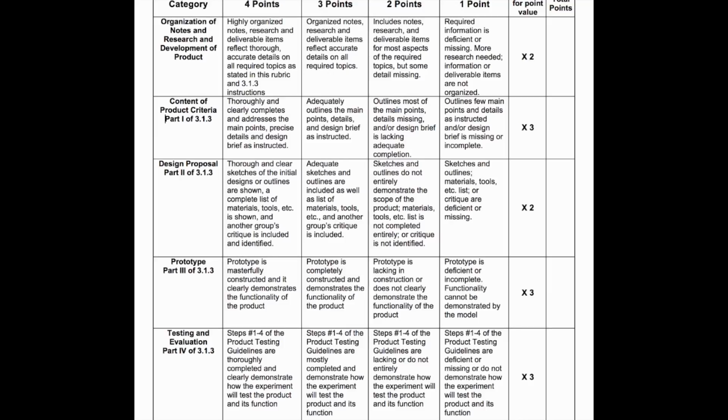This addresses specifically you hitting the main points that are within that section. So there's a bulleted list in step 4, for example, where you have to, in written form, identify the function, form, safety, reliability, biocompatibility, and aesthetics. You also need to have your design brief completed within this section. So please follow those instructions carefully and don't miss anything that needs to be included.